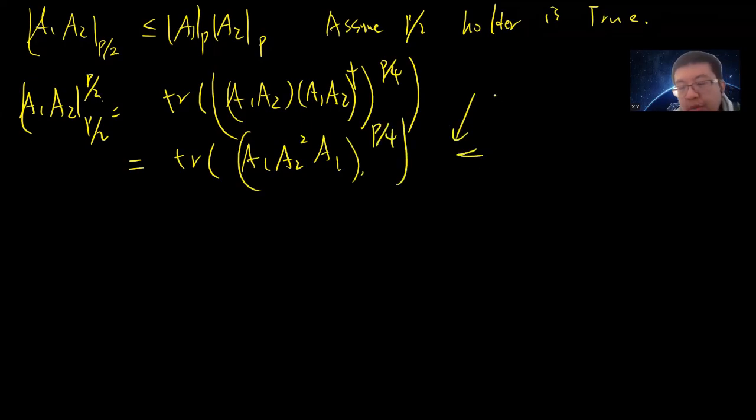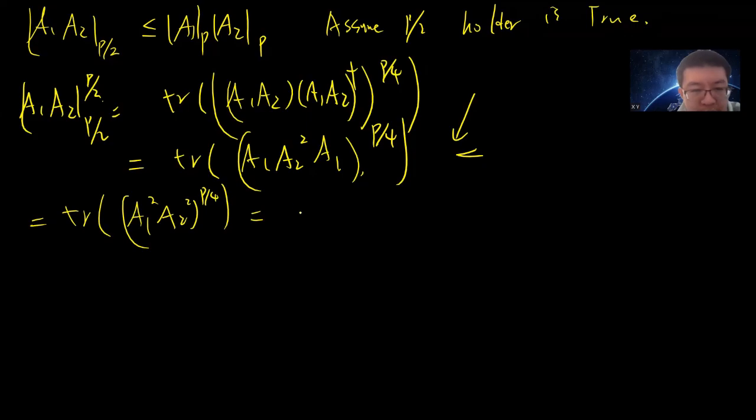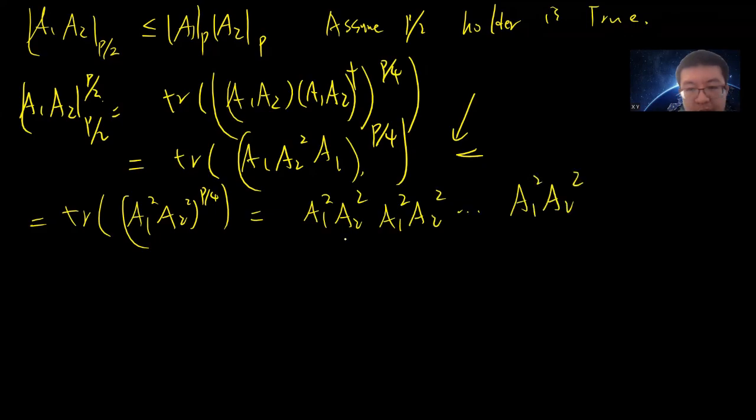Then for this, you need to use the cyclic property of trace. If p is equal to 4, you can move this A1 squared to the left-hand side, so you can always do this. So obviously this equals A1 squared A2 squared to the p divided by 4. If you write it down, it's just A1 squared A2 squared, A1 squared A2 squared, and there are p divided by 4 pairs.